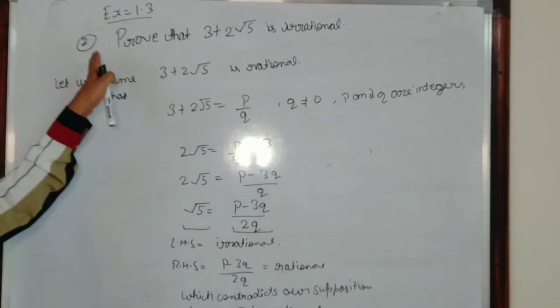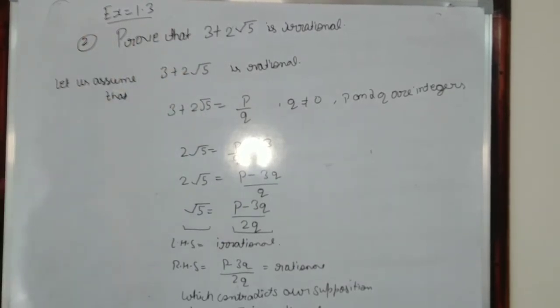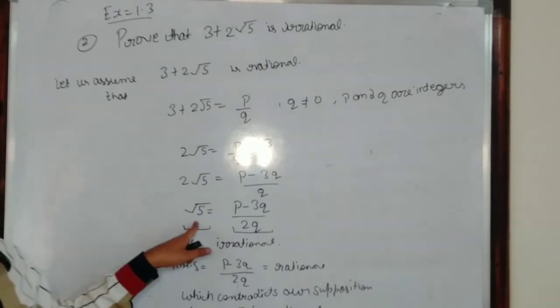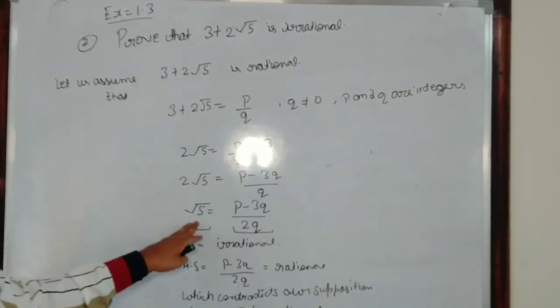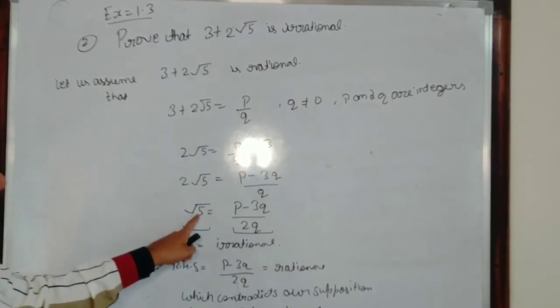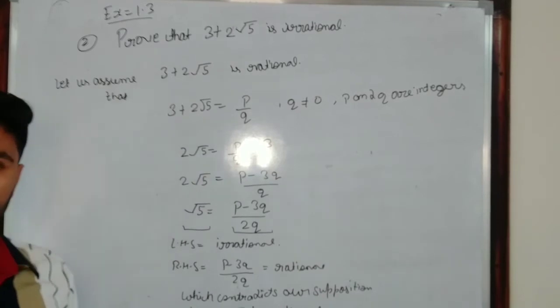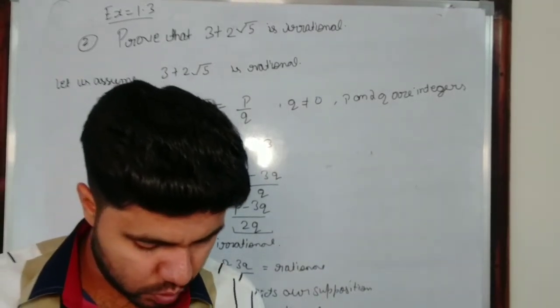If it comes in 4 marks, you first prove that root 5 is an irrational number. In 2 marks, you need not prove root 5 is irrational. Now let's move on to the third question.